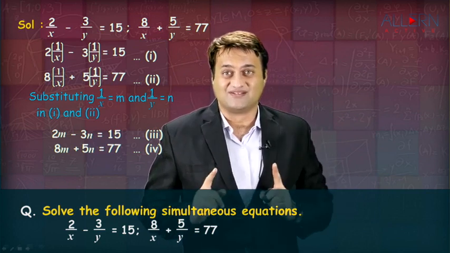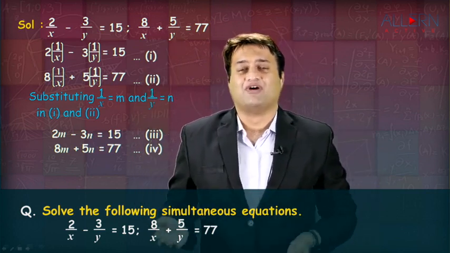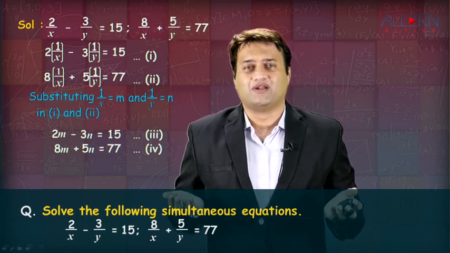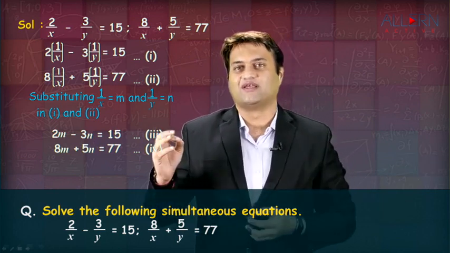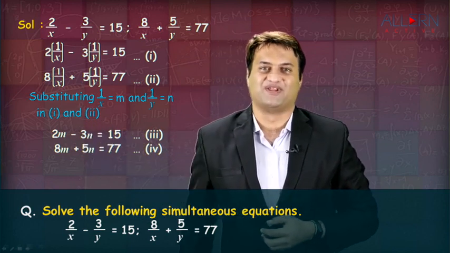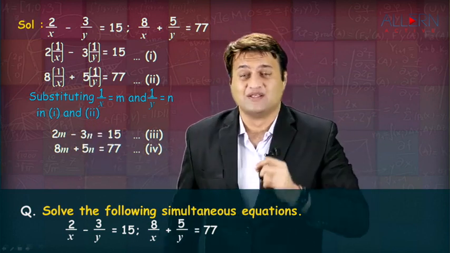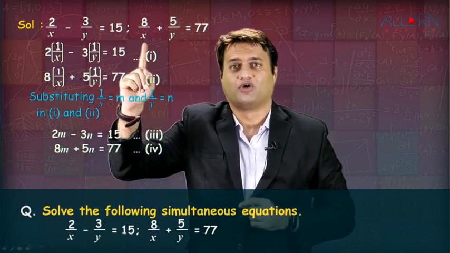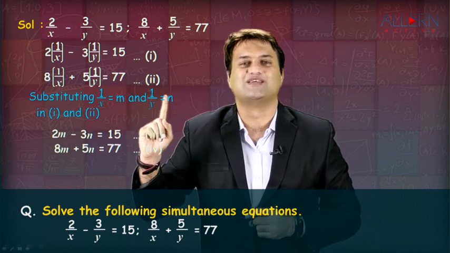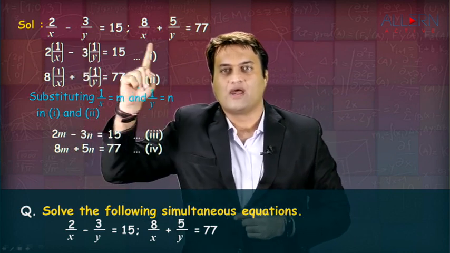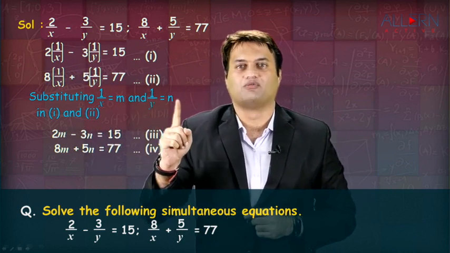So remember, this is a new thing that we learned. Wherever there are variables in the denominator and you don't have that option of multiplying throughout by x, y, the only thing that you need to do is substitute something. Substitute what? Substitute whatever is the common denominator. See, x in the denominator, 1 upon x is equal to m. Y in the denominator, 1 upon y is equal to n.